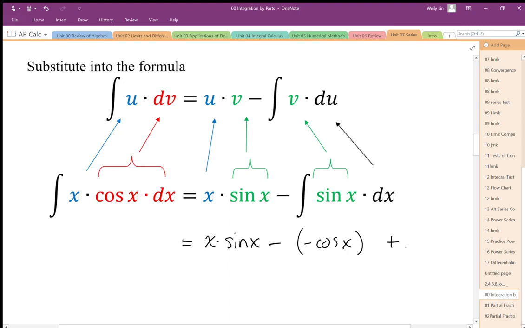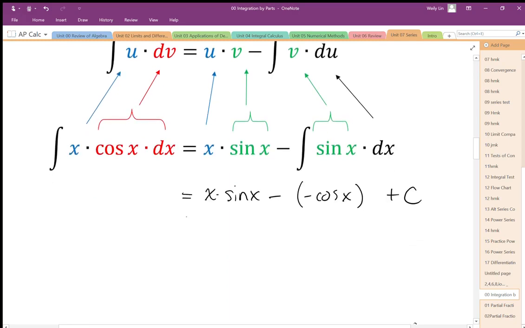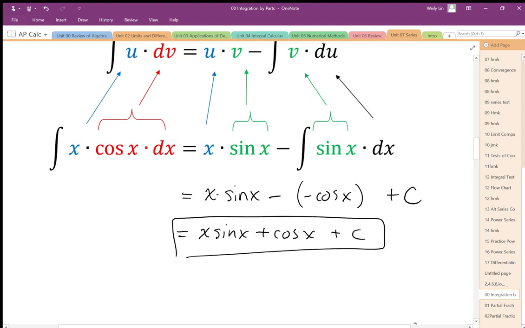And then since it's an indefinite integral, I should add a plus c. So there it is. The integral of x cos x is going to be x sine x plus cos x plus c. Okay, perfect. I've integrated that expression which originally I couldn't integrate.